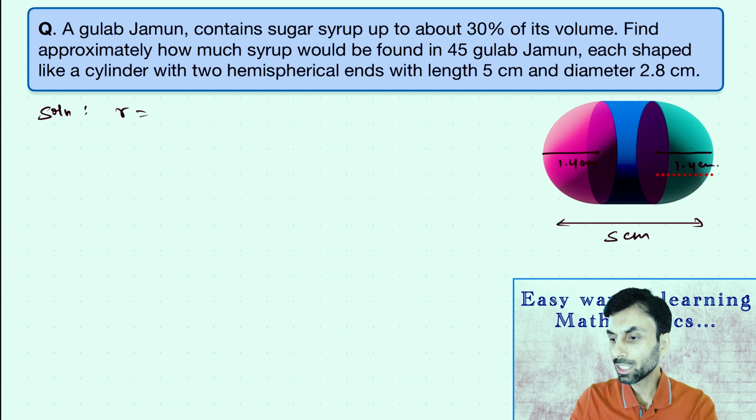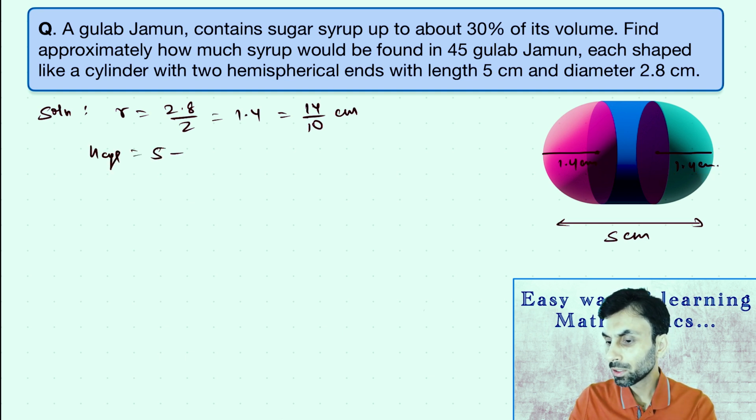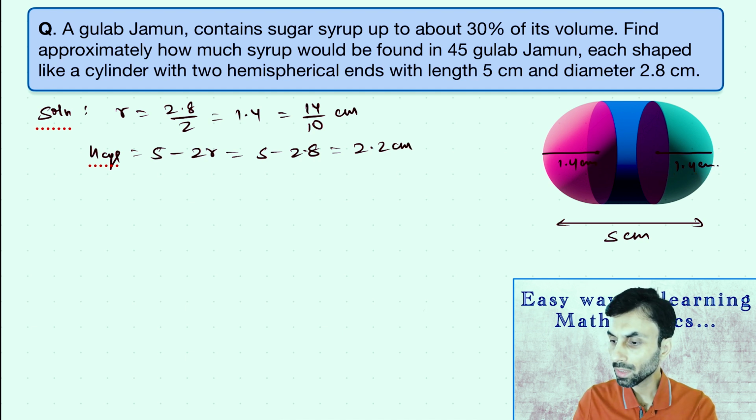In this case, radius will be 2.8 upon 2 which will be 1.4, which also can be written as 14 upon 10 centimeter. Here, height of cylindrical part will be 5 minus 2r which will be 5 minus diameter 2.8, which will be 2.2 centimeter.